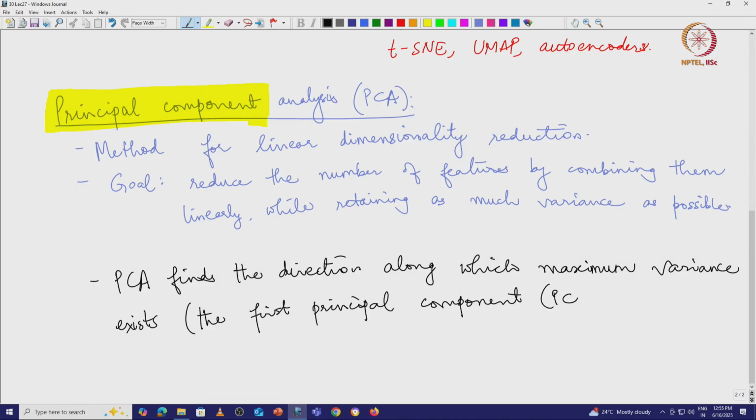That is shortened to PC, right, in p dimensional space.